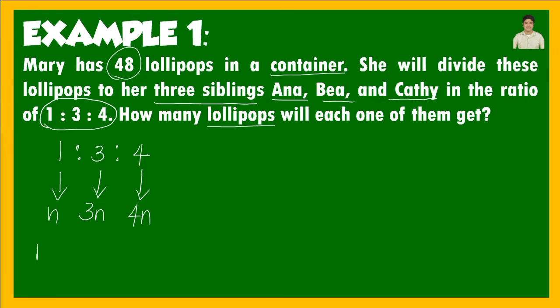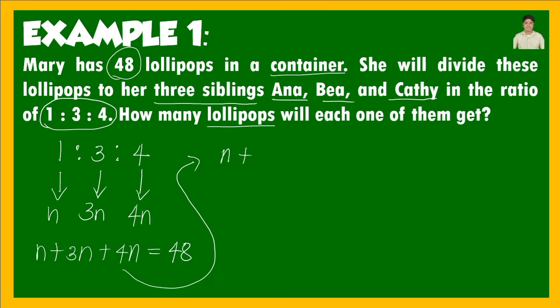Paano natin isi-set up yung ating equation? So, ganito lang. n plus 3n plus 4n equals 48. Ayan. So, i-rewrite lang po natin. n plus 3n plus 4n equals 48. So, anong value ng n? 1. So, 1n. Itong n na to, 1, plus 3 plus 4, the answer is 8.